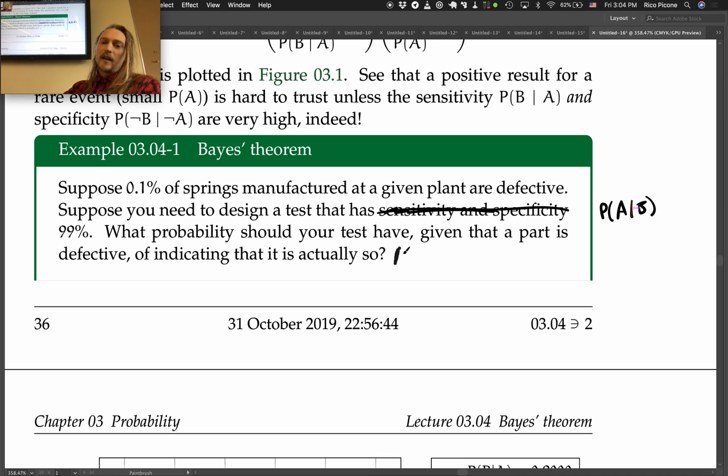And I want to say assume sensitivity, which is what I just said here. So what sensitivity do you need? Assume sensitivity and specificity can be made equal.